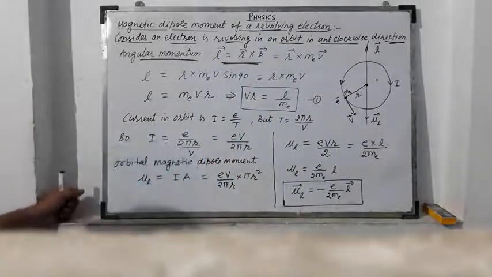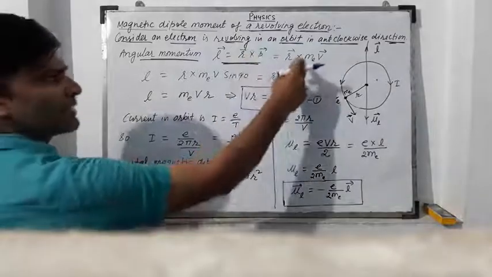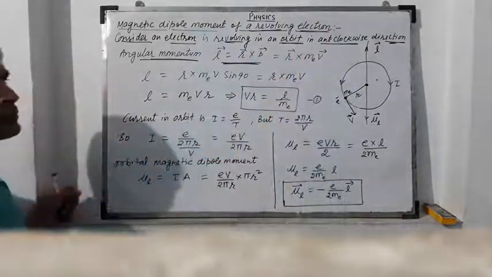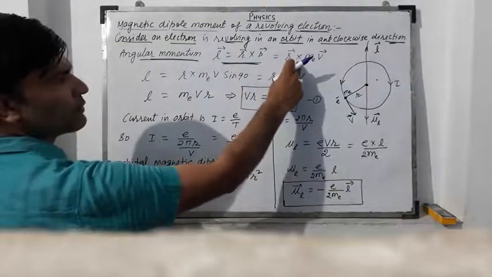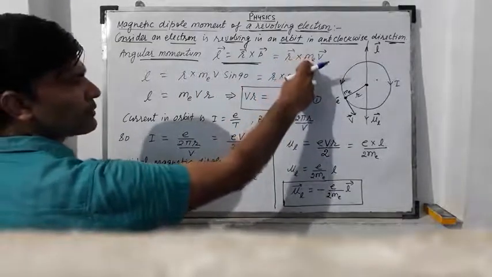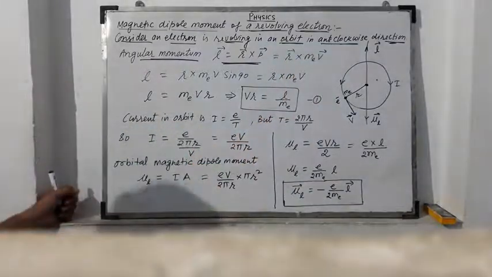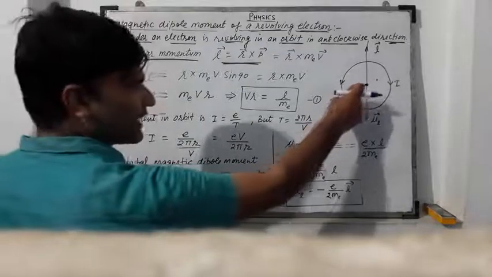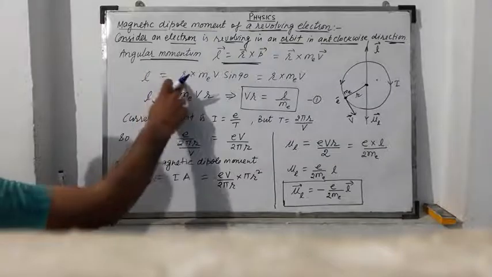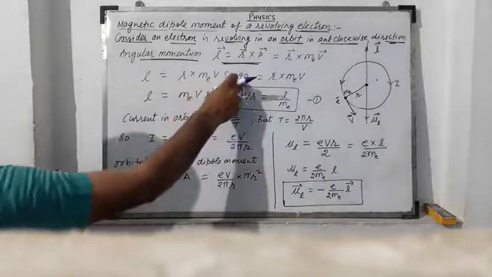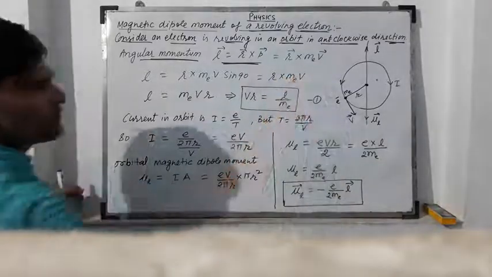We know this formula. But linear momentum p is equal to mv. So we have L is equal to r cross me v, where me is the mass of electron. Now, as the angle between r and v is 90 degrees, L is equal to r me v sin 90, then we get r me v.